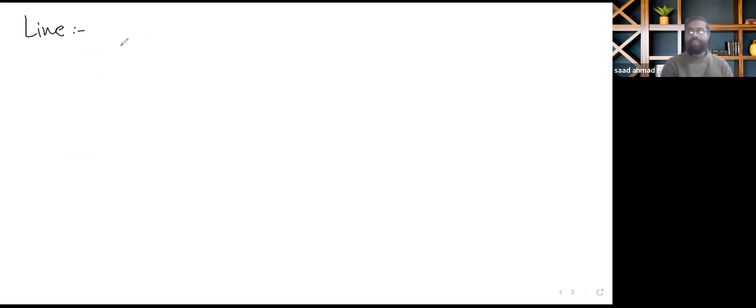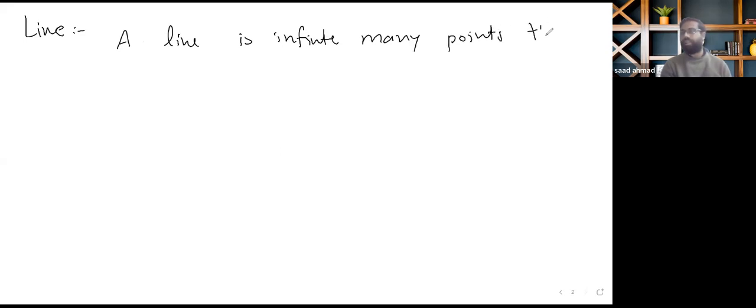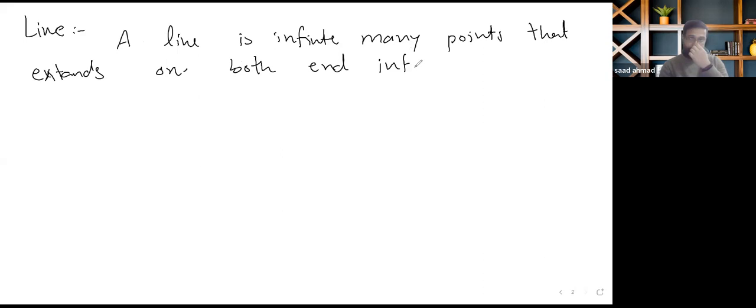Okay, so a line is infinitely many points that extends on both sides, on both ends, infinitely. Like for example, let's say here is a line.